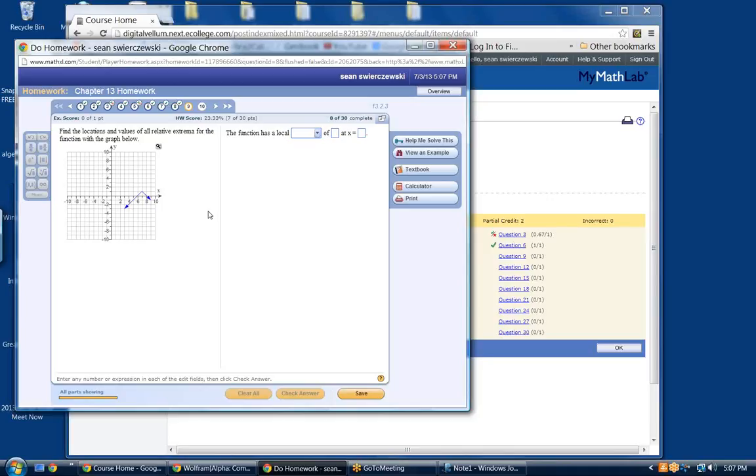Is it a maximum or a minimum, and at what x value is it? Maximum at, I think it's 7. I can't really see it. In other words, its maximum value is 1 on the y-scale at x equals 7.